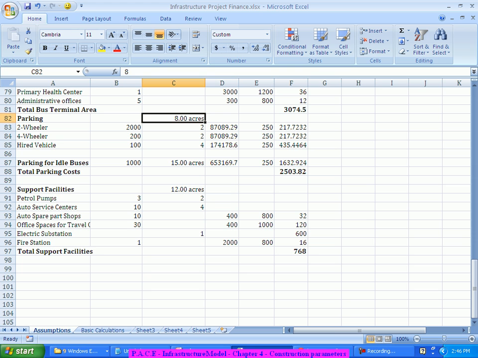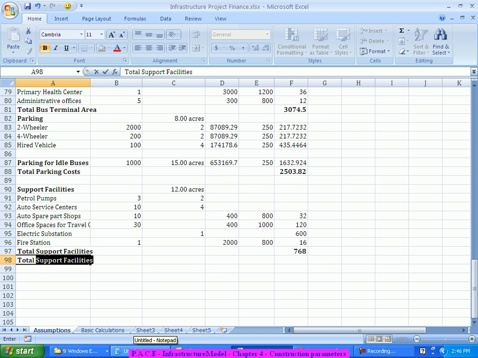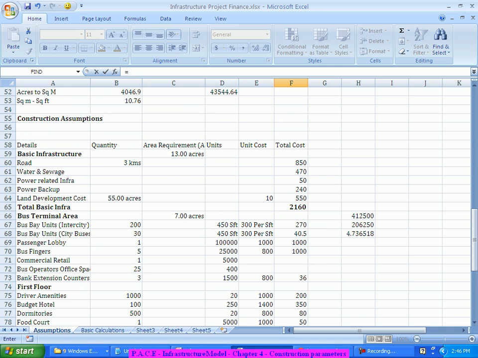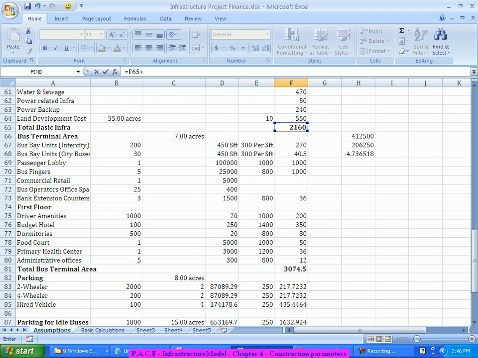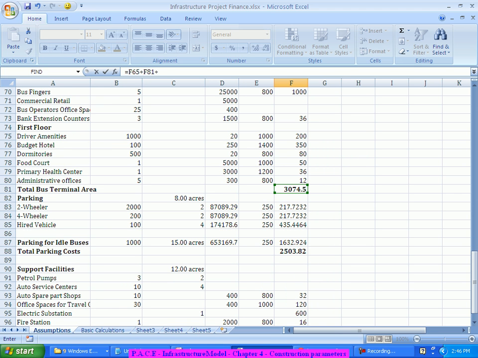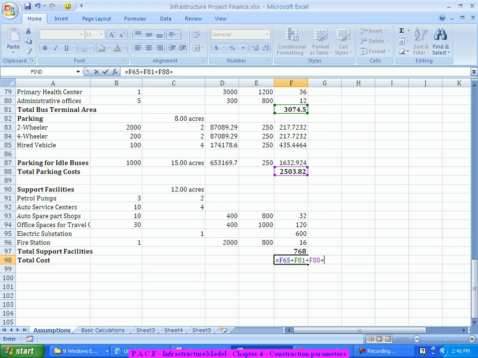Okay, so the total cost till date, there's still more complexity, but we'll just finish the total cost as of now. Total cost for development is coming out to this number: basic infrastructure cost plus the bus terminal area cost, parking, and even the support facilities.